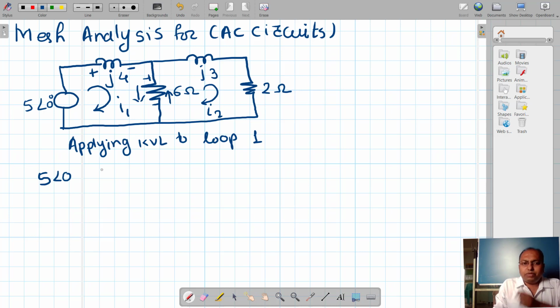As we apply KVL in the case of a simple resistive network, in a similar manner we are going to apply it to the AC circuit as well. So 5 volt is the voltage source. Right now this is a variable voltage source, that is an AC voltage source. J4 is the resistance offered by the inductor.